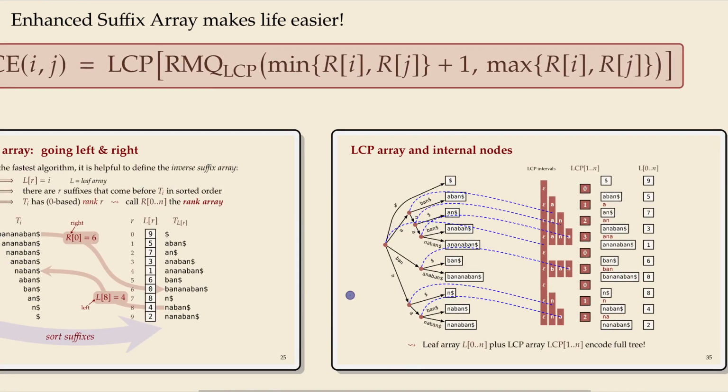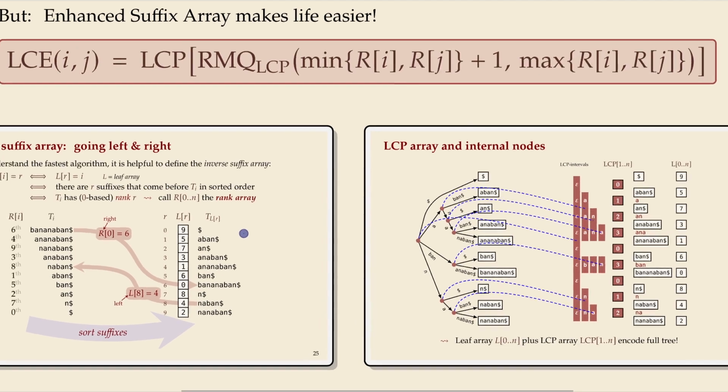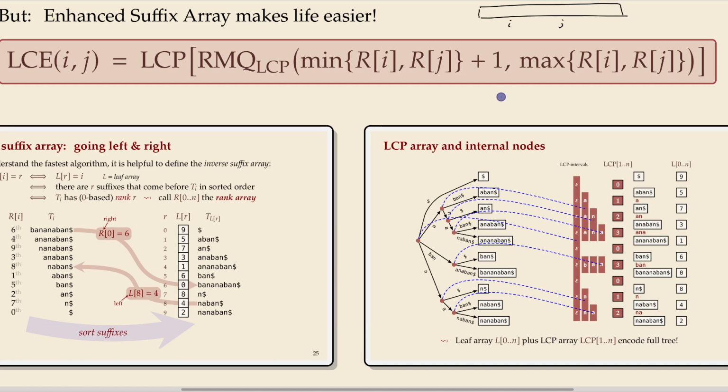And the relation is this. So the longest common extension of these 2, maybe my infamous picture again. We have positions i and j. Now we ask how much they coincide at the beginning, so we can draw them on top of each other. That's the suffix starting at i, that's the suffix starting at j.